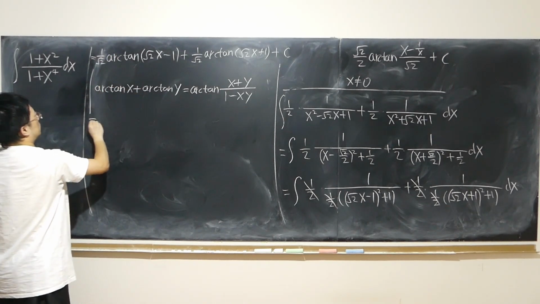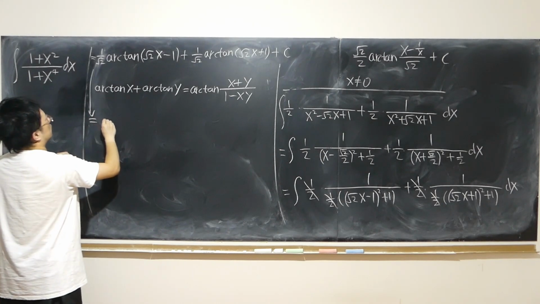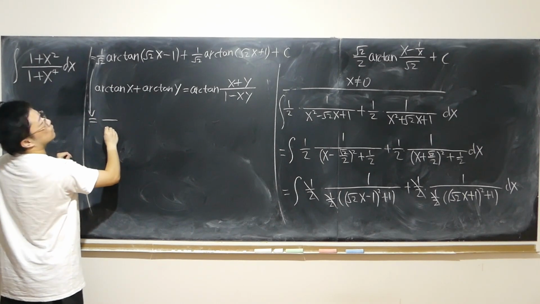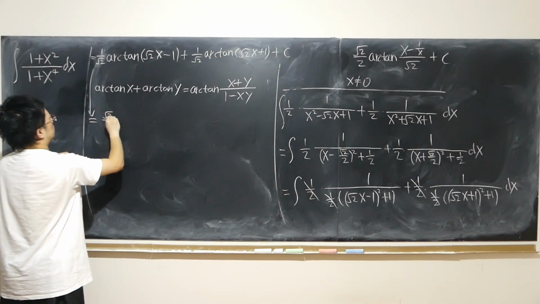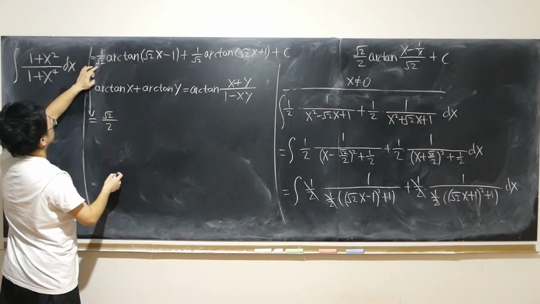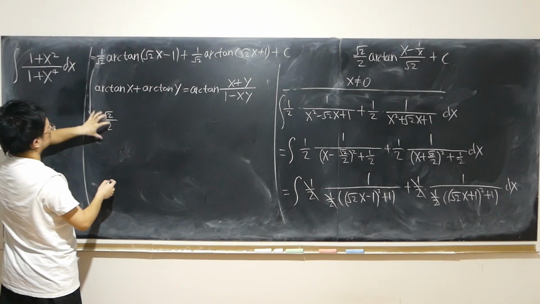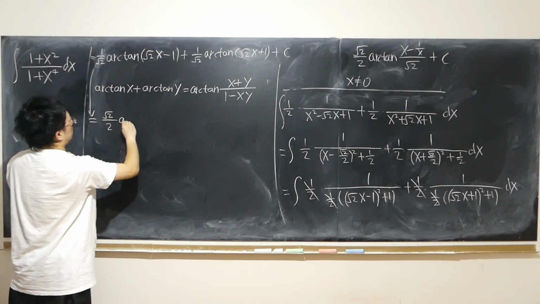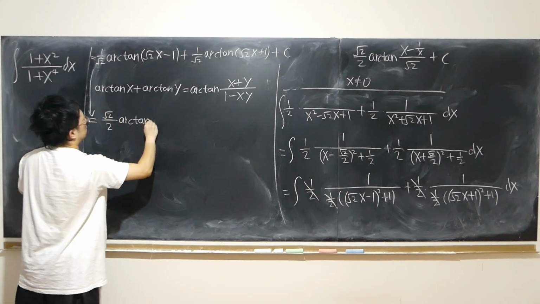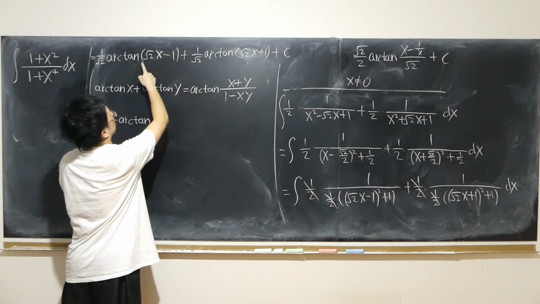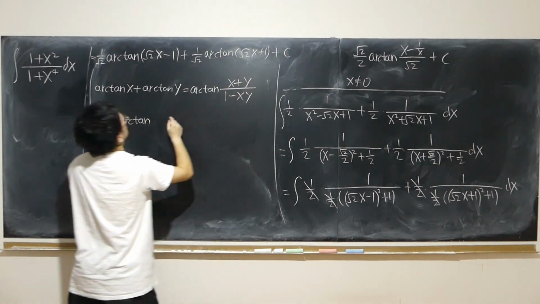So that automatically, this square root of 2 multiplied by square root of 2, both sides. So this one, arctangent, this plus that.